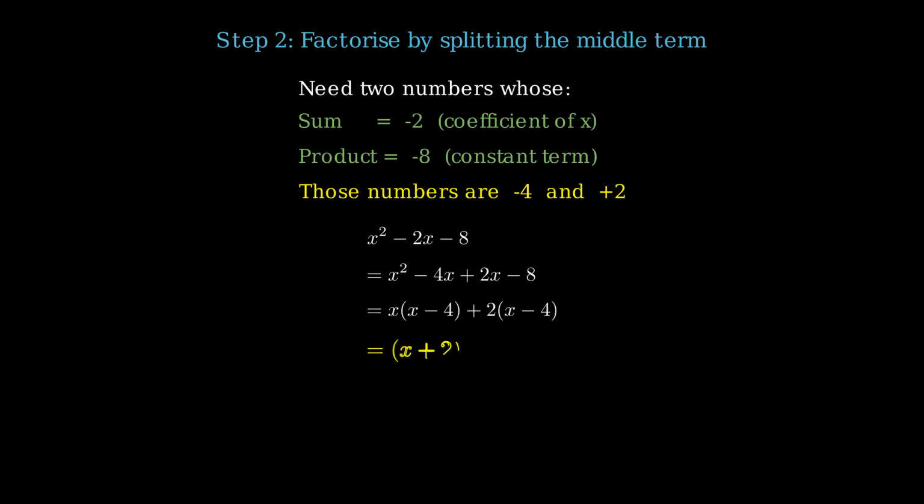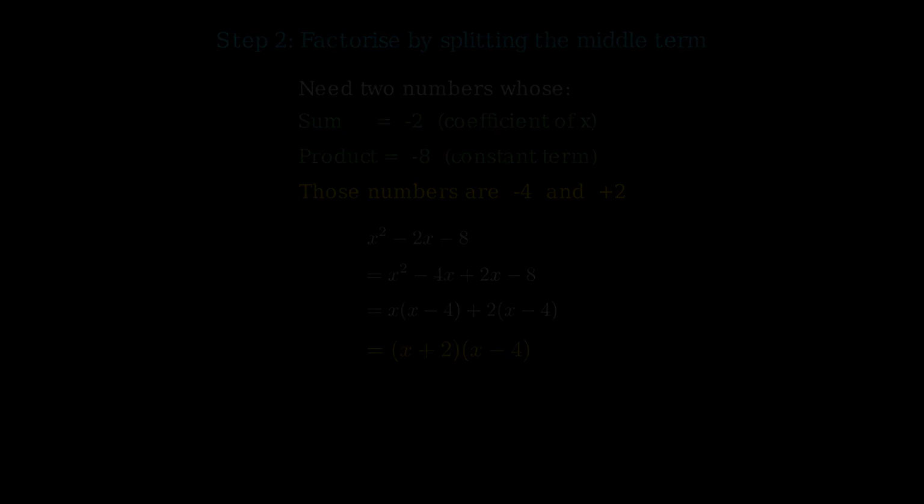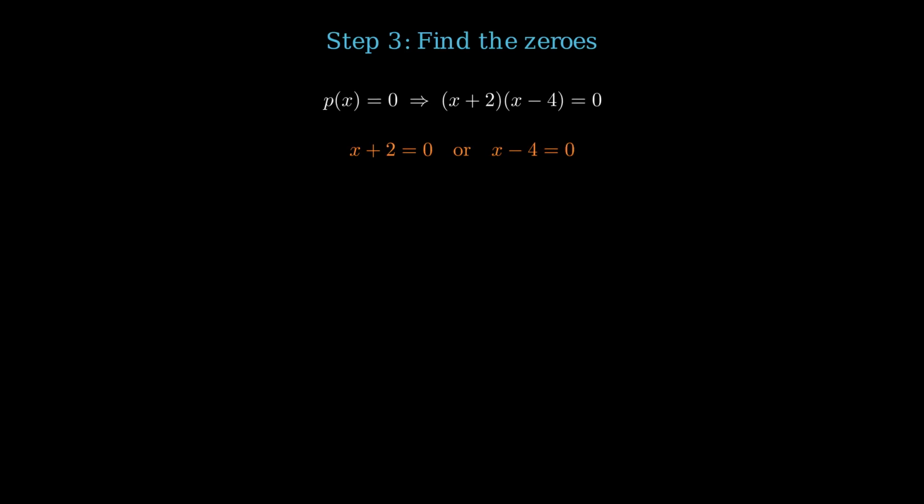Both conditions are met. Now we split x squared minus 2x minus 8 equals x squared minus 4x plus 2x minus 8. Grouping, x times x minus 4 plus 2 times x minus 4. Factoring out the common bracket gives x plus 2 times x minus 4.